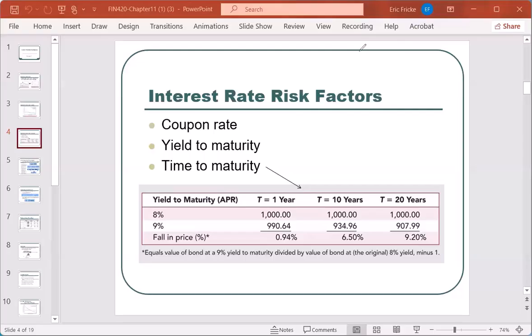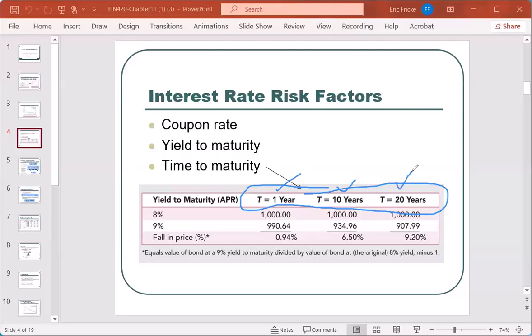All right, let's look at an example of how it changes the price. So here we've got 3 bonds, okay? We've got a 1-year, a 10-year, and a 20-year, okay?